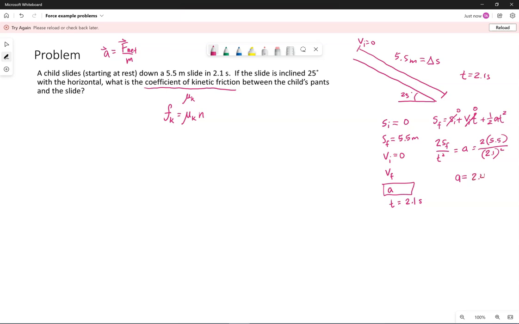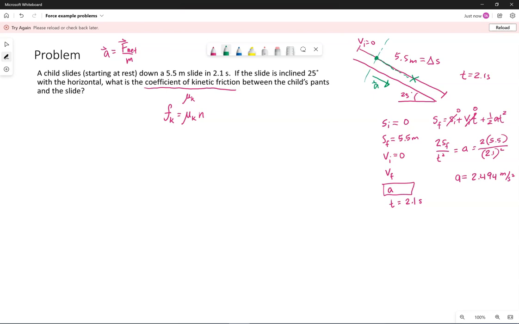So 2.494. Again, keep more digits than we're going to end up rounding to at the end. This acceleration, I hope it's fairly obvious to us, is going to point down the incline. To make the algebra on this problem easier, when I go to write the equation describing forces at any given moment in time, I know the child will be moving down the incline.